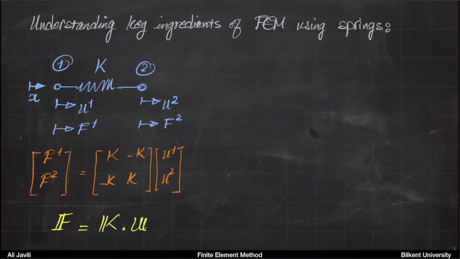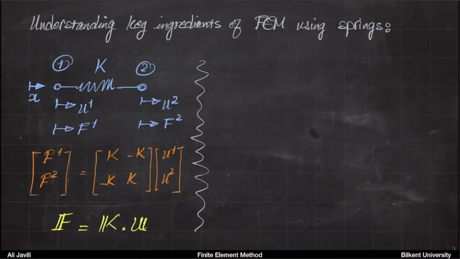All right, so that's that. Now, what we want to do is to use this approach and compute the stiffness for spring combinations. We want to do the famous spring combinations and also do something more complicated.